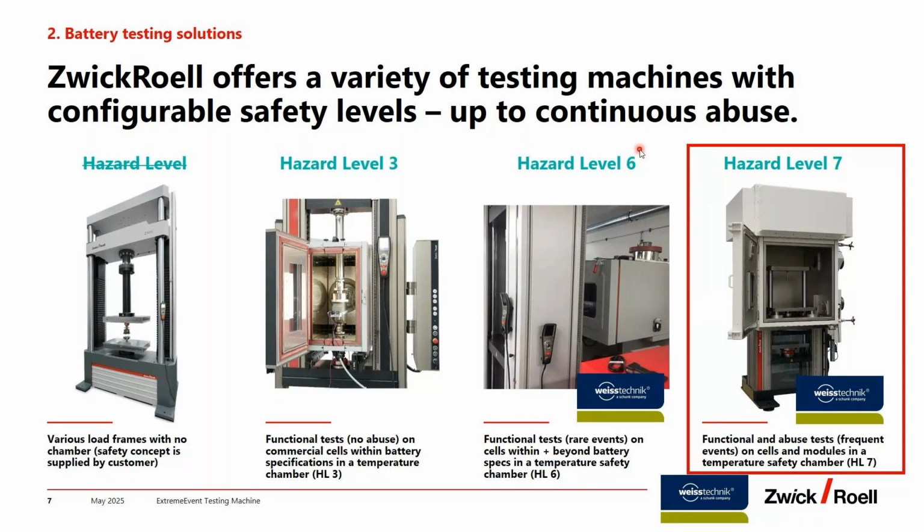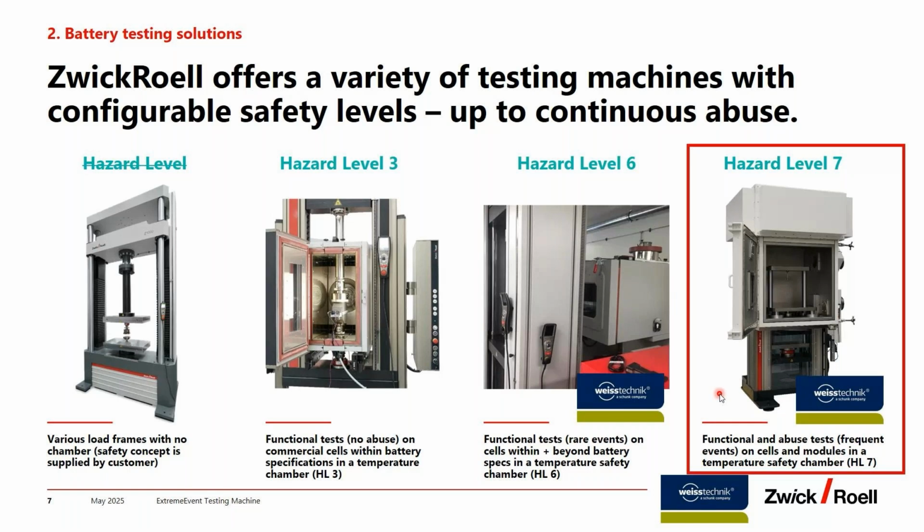But with this chamber, there should be no daily abuse. So if there is a fire or anything like this, then you have to change some parts of the chamber. So it's not for daily abuse, but you can go a little bit more to the limits than with the hazard level 3 chamber.